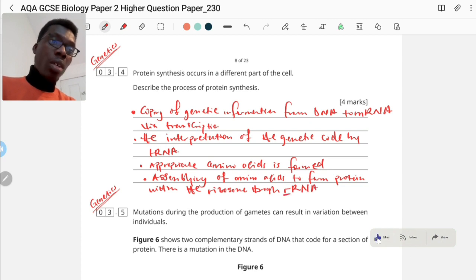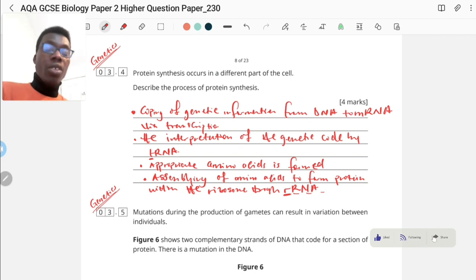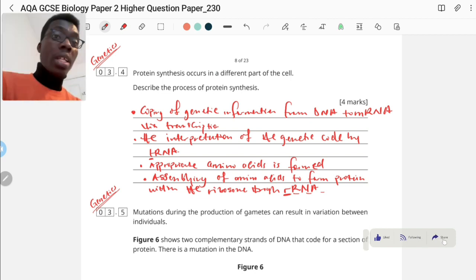This is called ribosomal RNA. This is called transfer RNA. If you've seen my lecture, you've been in my classes, you understand what I mean by that.